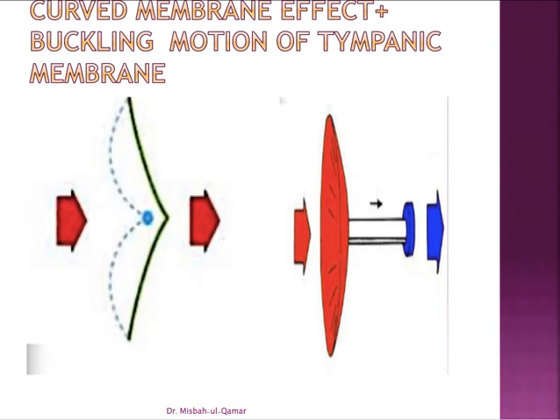And because of this buckling motion, which is achieved through the attachment of the malleus to the tympanic membrane, it is kept in its most neutral position.